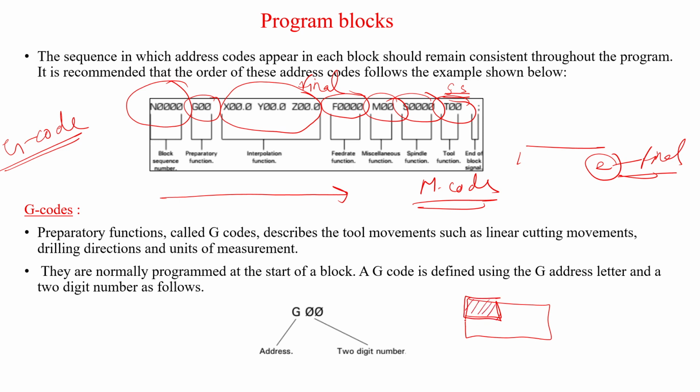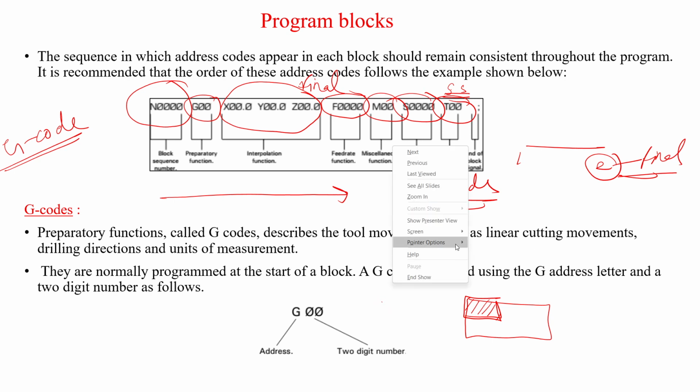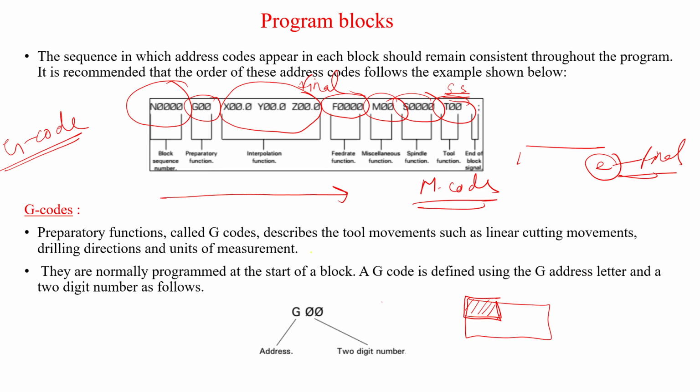So first what you will do, you will put your tool here. Then you will start moving here, like this, and you will cut, and finally you will get this material. Fine?